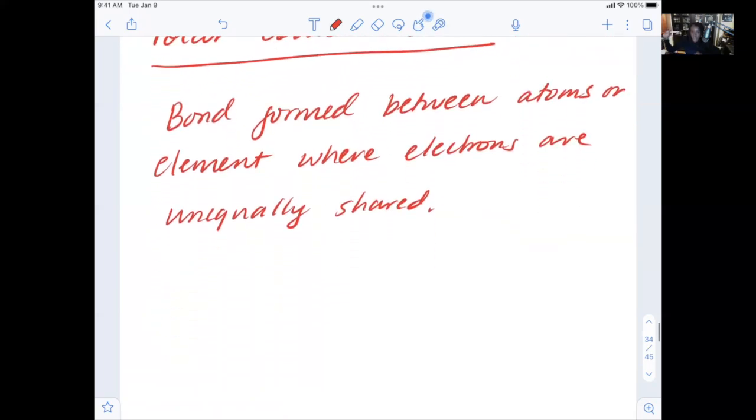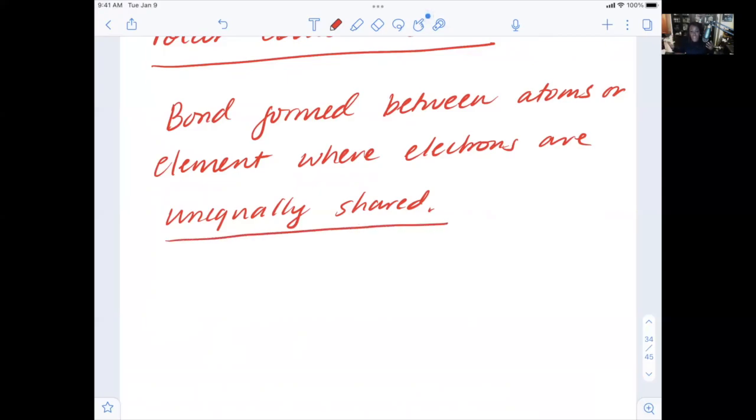Okay, so once again, to really bring the point home, they're sharing, okay? In the eyes of the law, in the eyes of the world of chemistry, they're still sharing, but they're just not sharing equally.